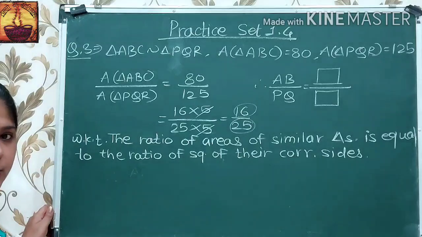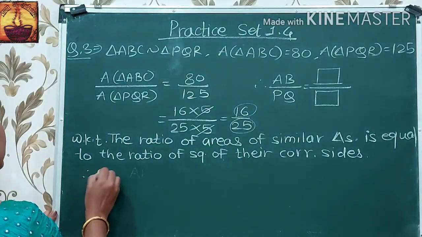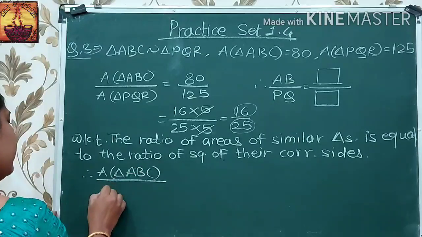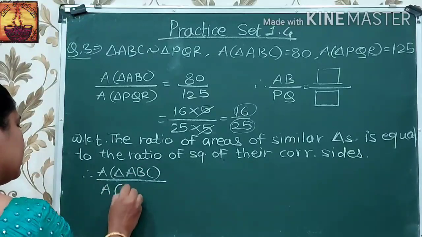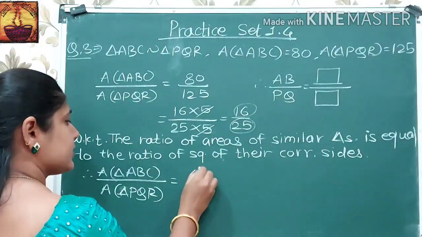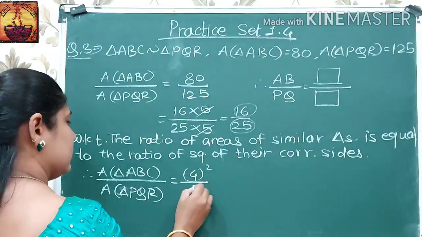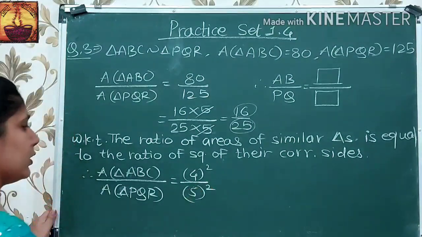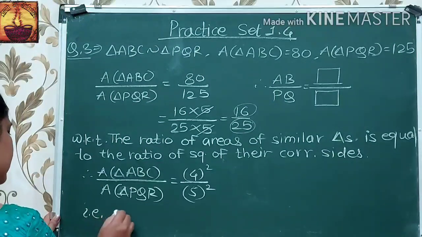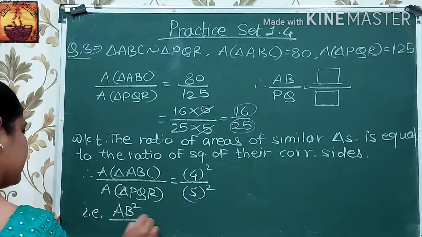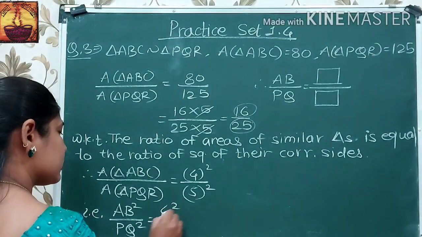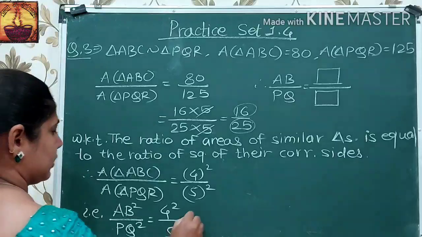16 and 25 are perfect squares. Therefore, area of triangle ABC upon area of triangle PQR, write it as 16 as 4 square upon 25 as 5 square. It means that these sides are AB square upon PQ square is equal to 4 square upon 5 square.